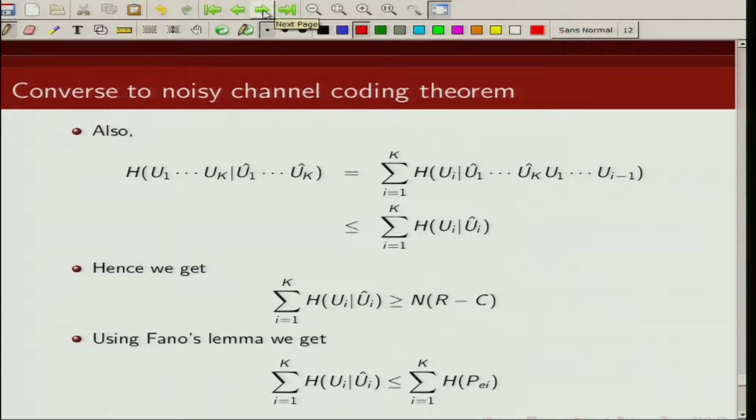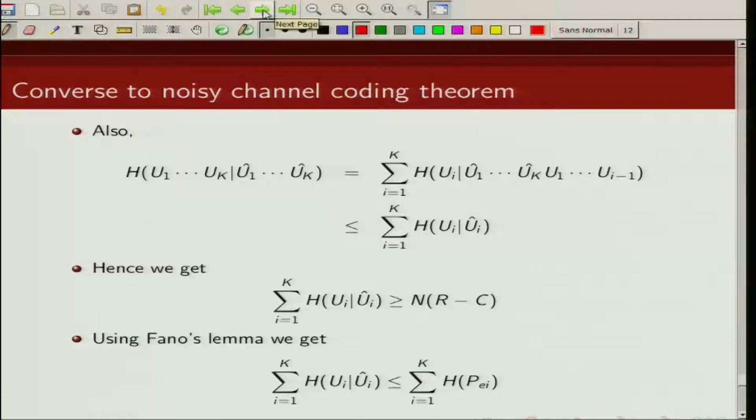Now what do we know from Fano's lemma? From Fano's lemma we know that the uncertainty in ui given ui hat is less than or equal to Pi log of (L minus 1) plus H of Pi, where this random variable ui can take L possible values. In this case, L is 2 because it is a binary random variable.